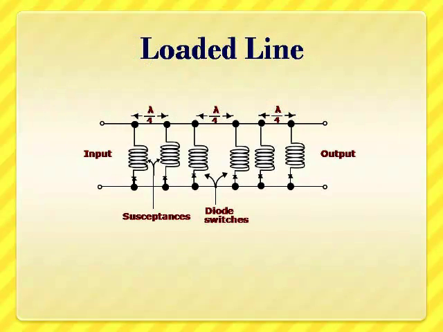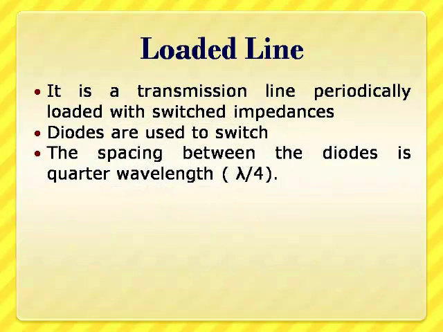In the diagram shown here, we are seeing another type of phase shifter called loaded line phase shifter. It is a transmission line periodically loaded with switched impedances. Diodes are used as switches in this. The spacing between the diodes is quarter wavelength.